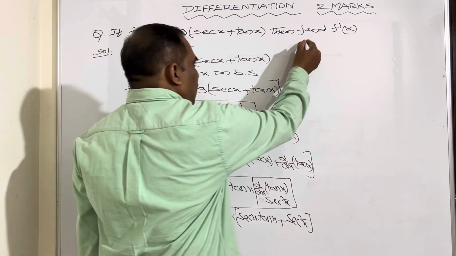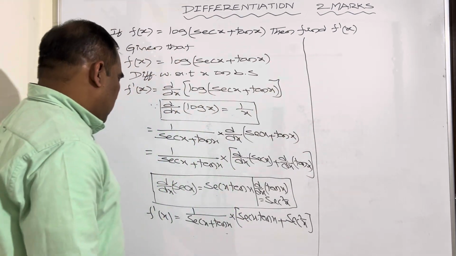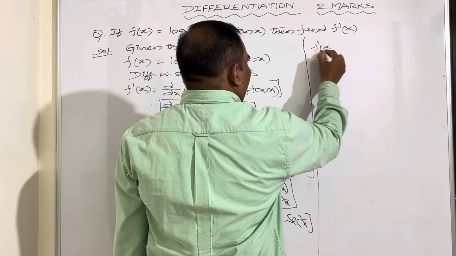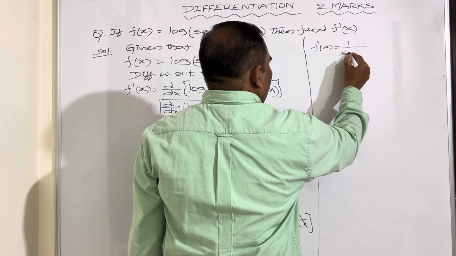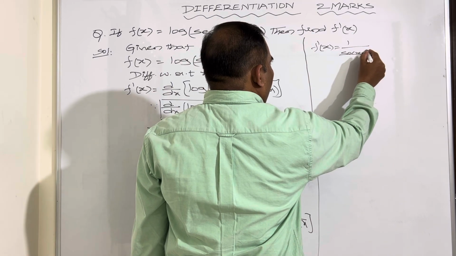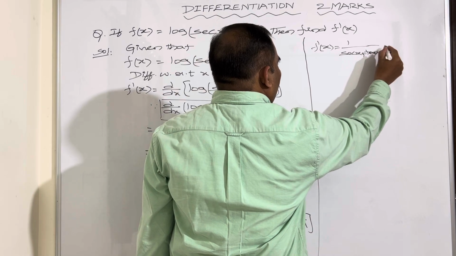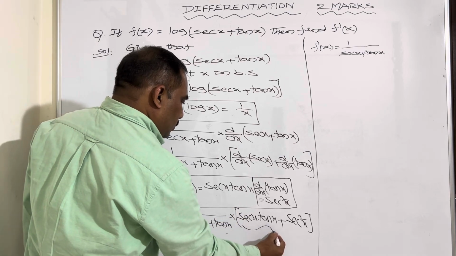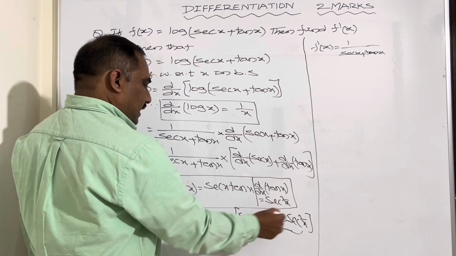Now clearly you can observe that f dash of x is equal to 1 by secant x plus tan x into, in these two terms we can take the common secant x.